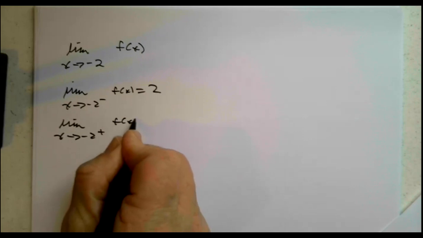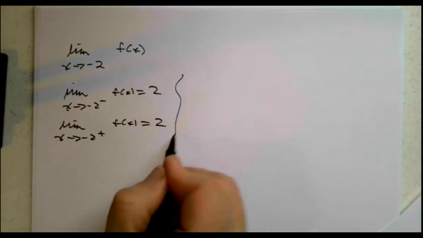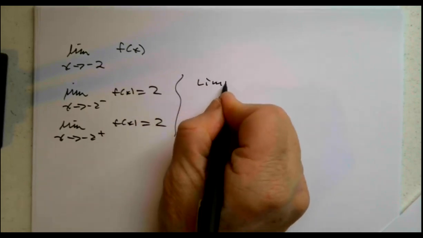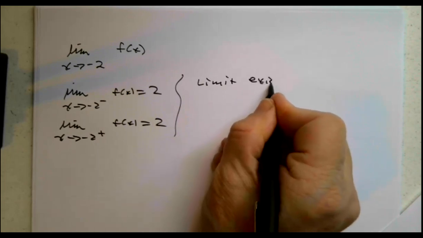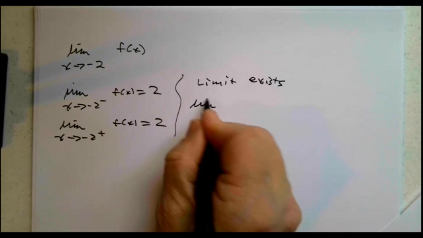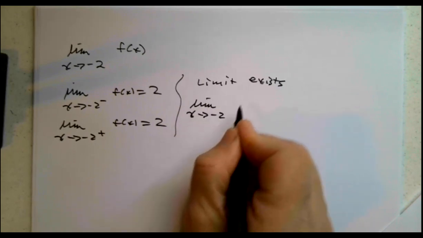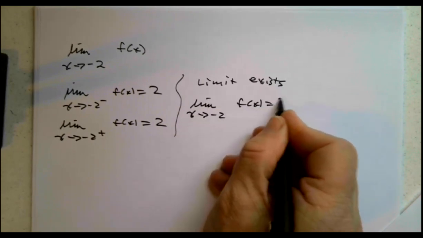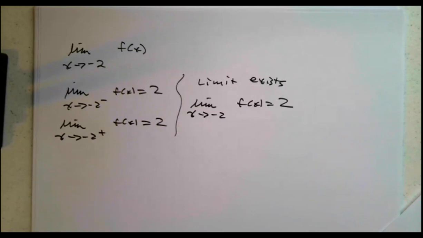The limit as x approaches -2 from the right of f of x looked like that was going to be 2. Therefore, the limit exists because they're the same. And then what do we say? We say the limit as x approaches -2 of f of x equals 2. We see that from our picture.